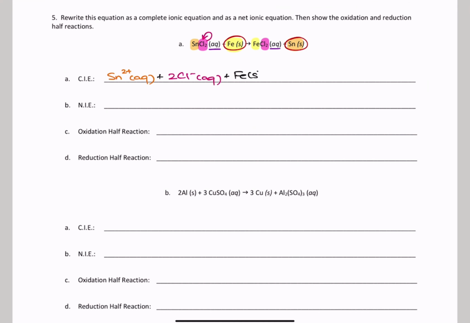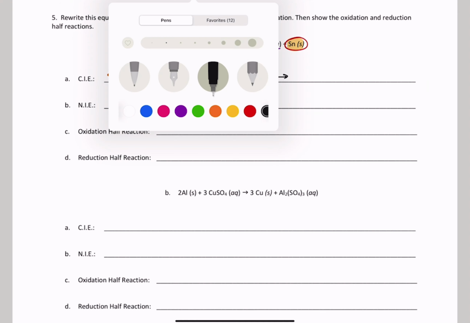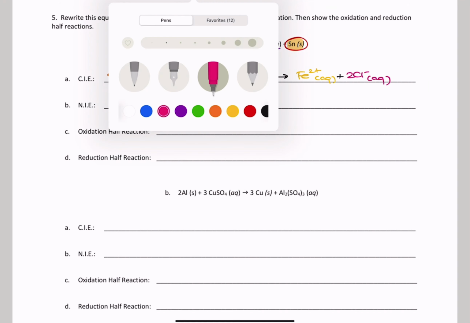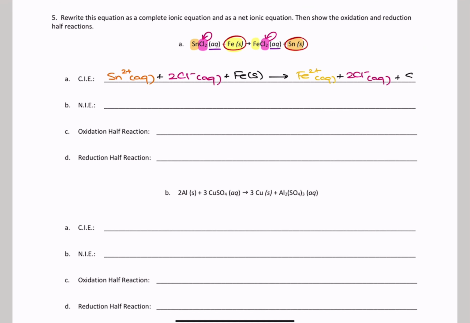The iron solid will remain the same, and we will form Fe2+ aqueous plus, we have as well here 2 chloride ions, and finally, that remains untouched, the tin solid.